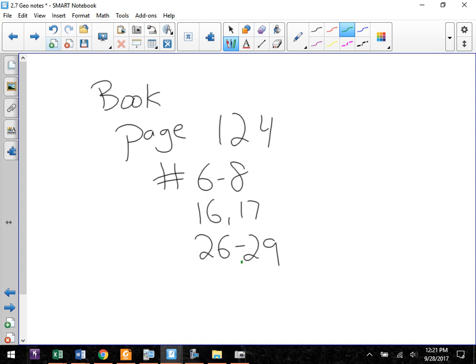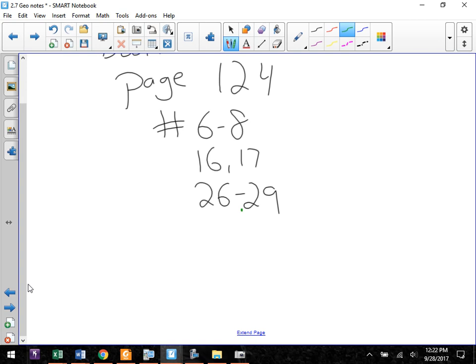I do want to show you guys one thing. Numbers 26 through 29, I didn't really talk about any of that before. Angle A is twice the measure of its complement. What are the angles? So 26 reads, angle A is twice as large as its complement, angle B. All right, what do complementary angles have to equal? 90.